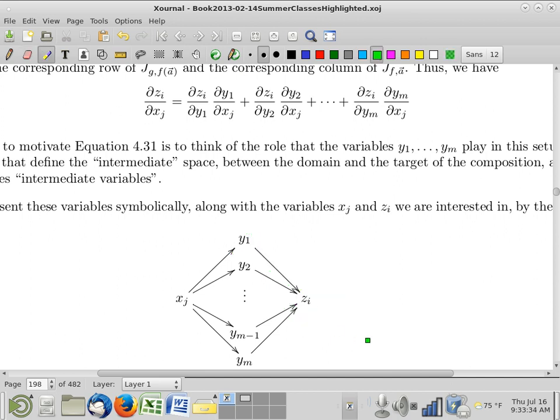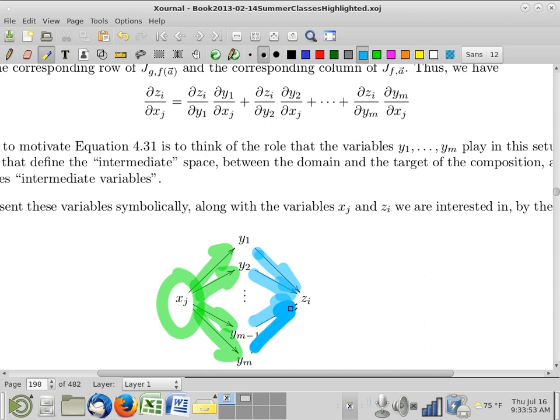So what I mean by propagation of changes is that when you change xj by some amount, those changes are going to cause changes to these variables. Those changes are then going to propagate along and cause changes to zi.